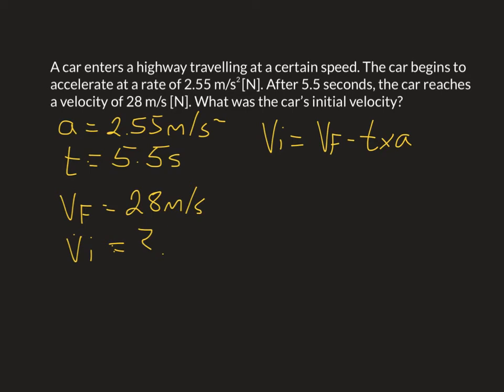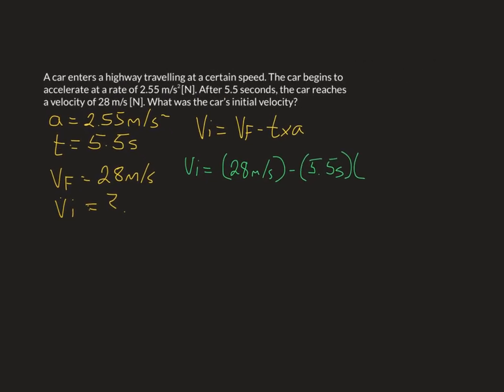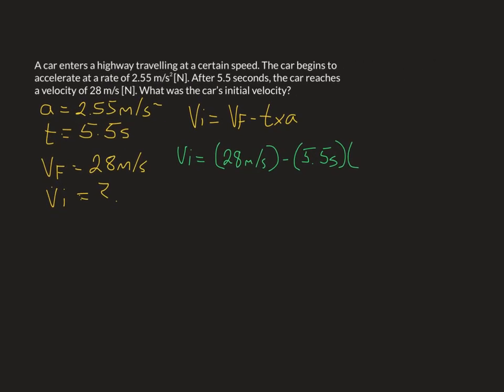Anyway, let's substitute these numbers into the formula and solve. Our initial velocity is going to equal our final velocity of 28 meters per second minus our time of 5.5 seconds times our acceleration of 2.55 meters per second squared.